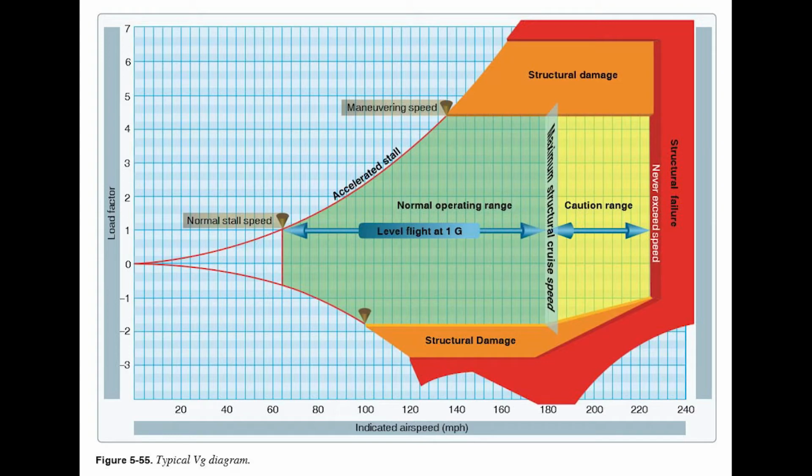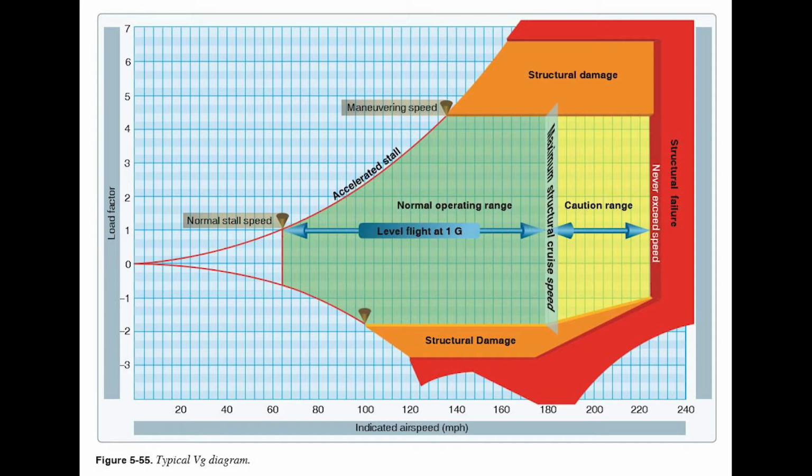But we can only support so much of that, right? So on figure 5-55 here, we have our operating envelope, they call it. This relates our speed to our load factor, or our G load. You'll see the green zone is where we can fly.